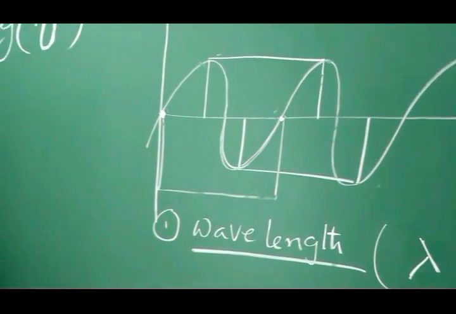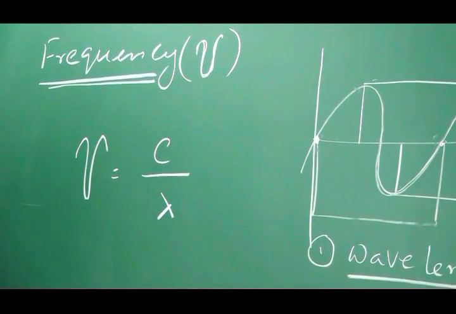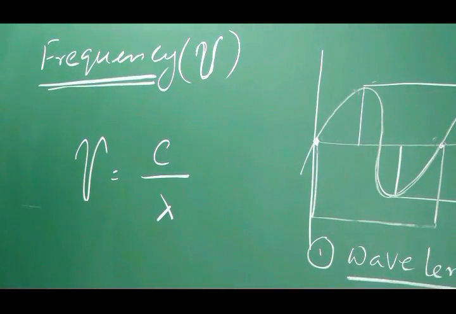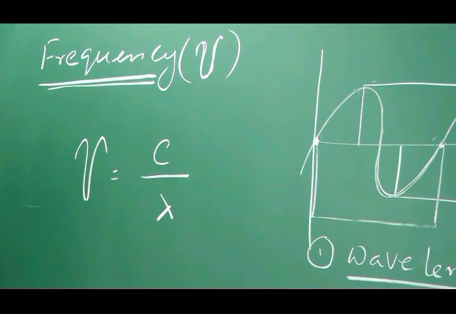So, frequency nu is equal to C by lambda, where C is the velocity of light, whereas lambda is the wavelength. If you know the lambda, you can calculate frequency, and if you know the frequency, you can calculate the lambda, because C is constant for any electromagnetic radiation.